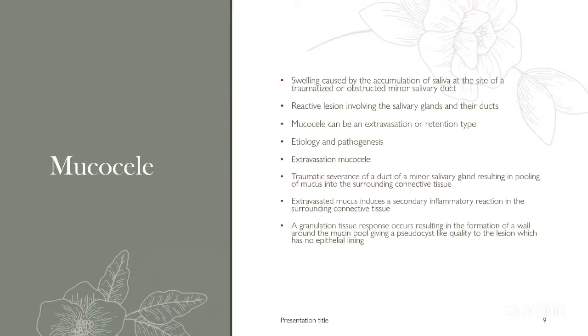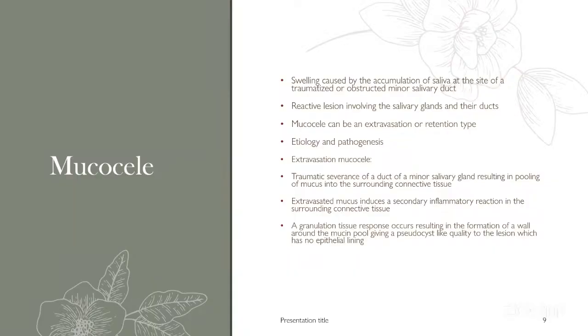Now, moving on to the reactive lesions, one of the important lesions, that is a mucocele. So mucocele is a swelling caused by accumulation of saliva at the site of a traumatized or obstructed minor salivary duct. And this can be of the extravasation or retention type.